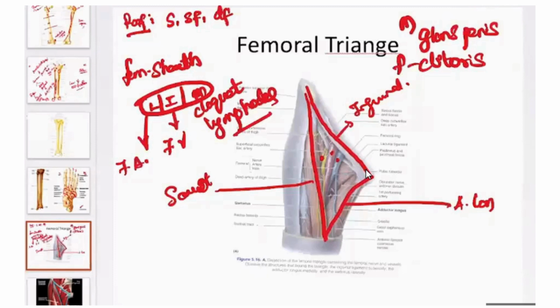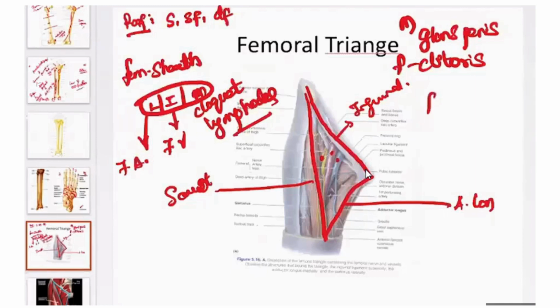Is it clear? This is important. The Cloquet group of lymph nodes drains what structures? Glans penis in male and clitoris in female. Femoral vein, femoral artery with its superficial and deep branches.